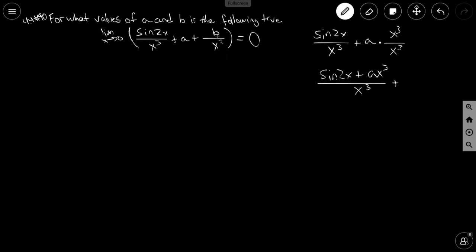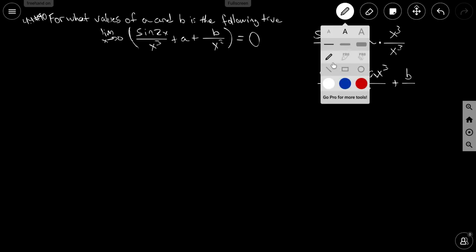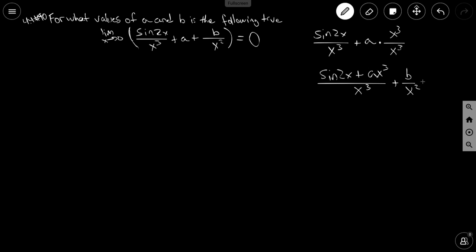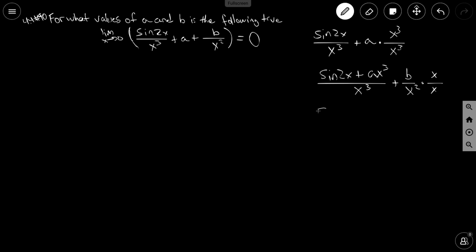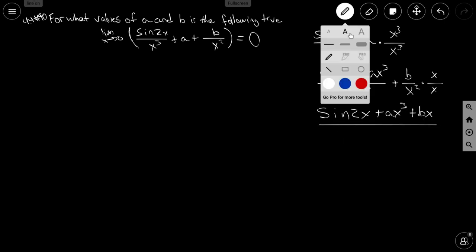And then to add the term b over x squared, I'm going to need to multiply by x over x. And this is going to give me sine 2x plus ax cubed plus bx all over x cubed.